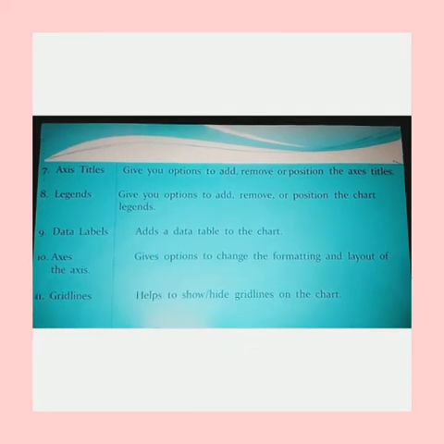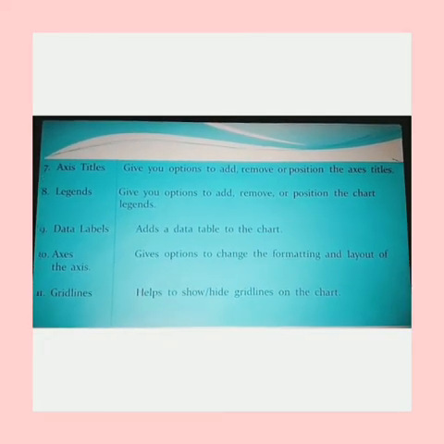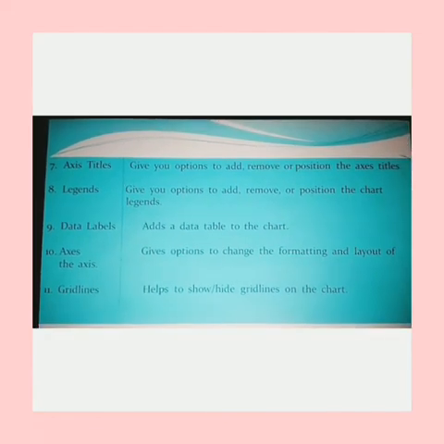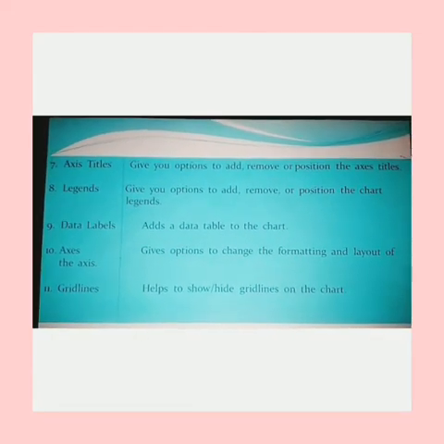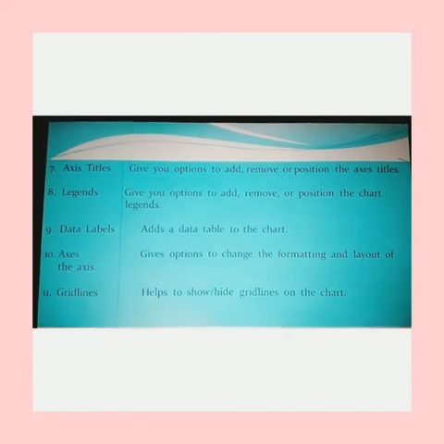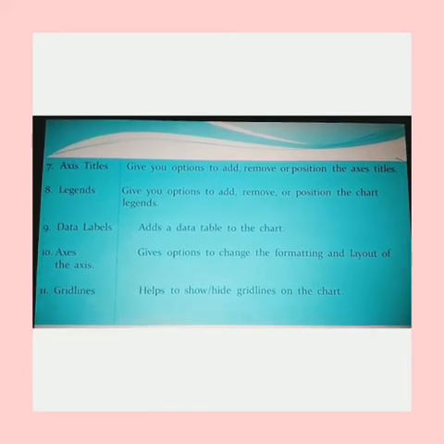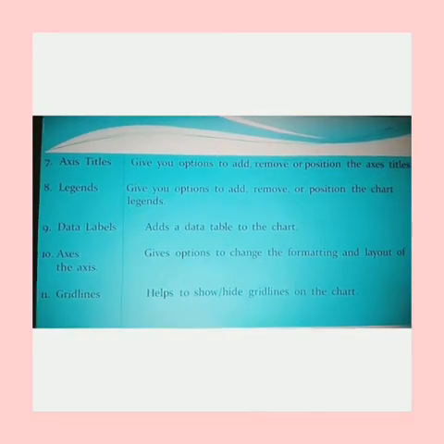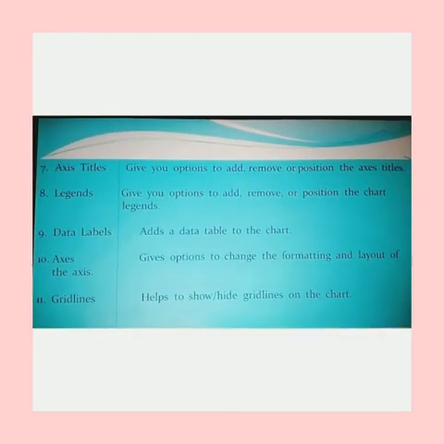Then next, last, grid lines help to show or hide grid lines on the chart. Grid lines, you understand, means the combination of rows and columns, with the help of cells and lining, a combination of grid lines.